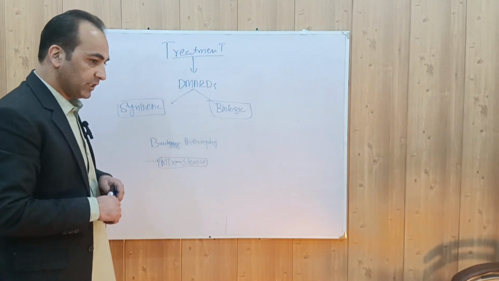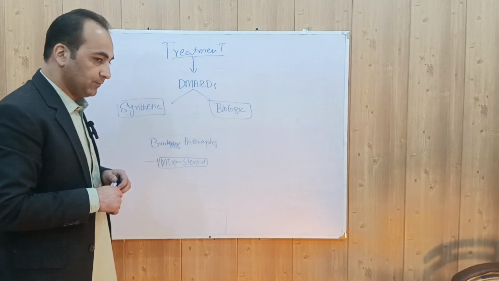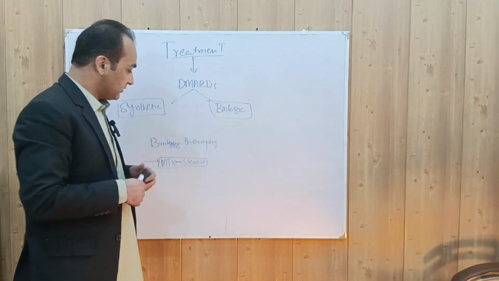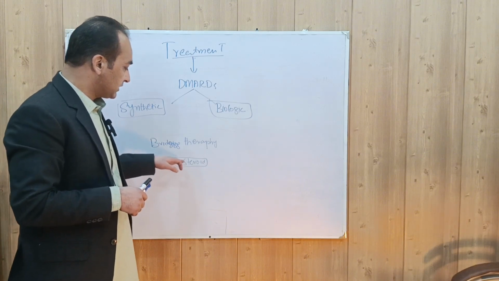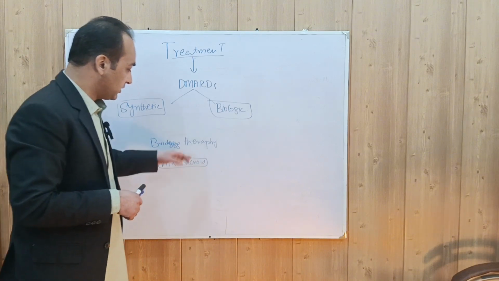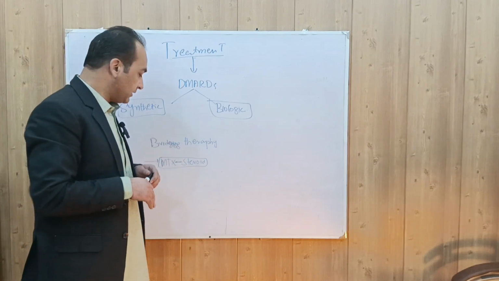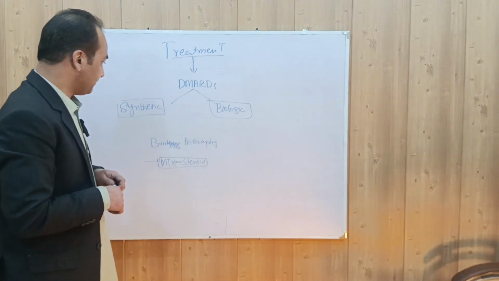Methotrexate takes time to start its action, 2 to 6 weeks, and steroid will start working suddenly. So we start the methotrexate along with the steroid. In 2 weeks we taper the steroid and we continue the methotrexate. This is called the bridging therapy.